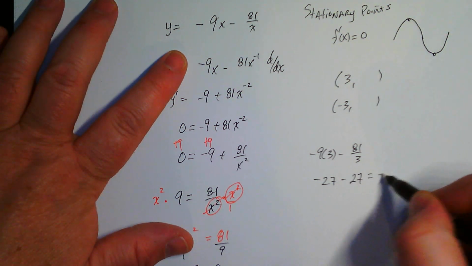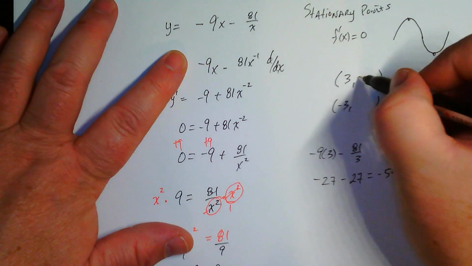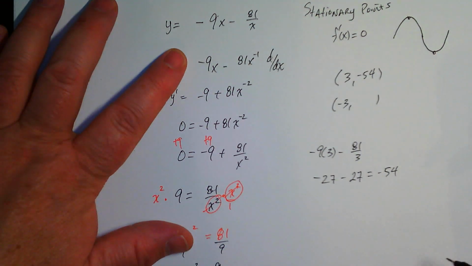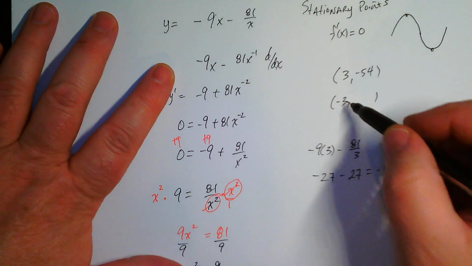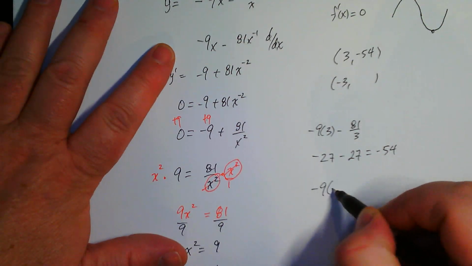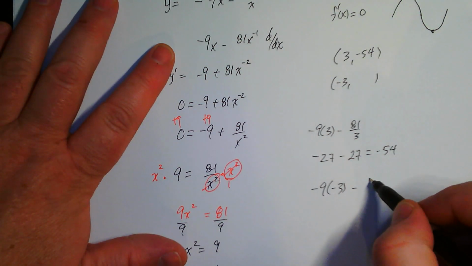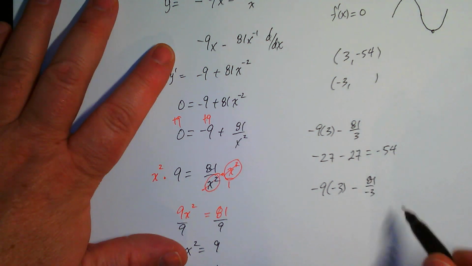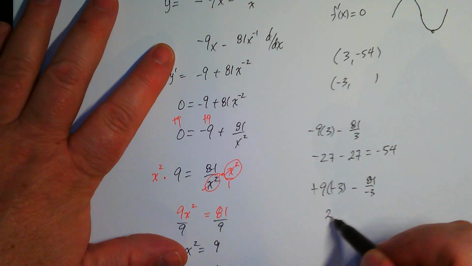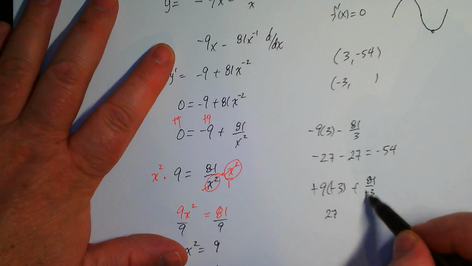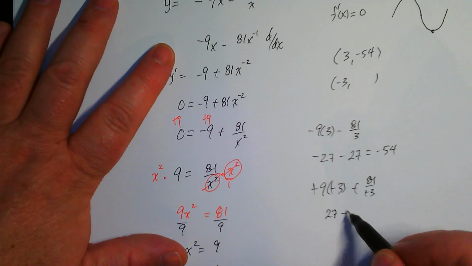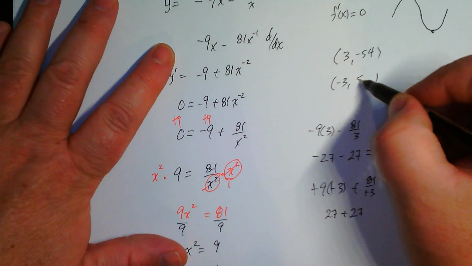I do believe that would be a negative 54, wouldn't it? Negative 54. Dang, look at that. Now let's do the negative 3. So we've got negative 9 times negative 3 minus 81 over negative 3, right? So that's 27. And then minus a negative again, and 81 divided by 3 is 27, positive 54.